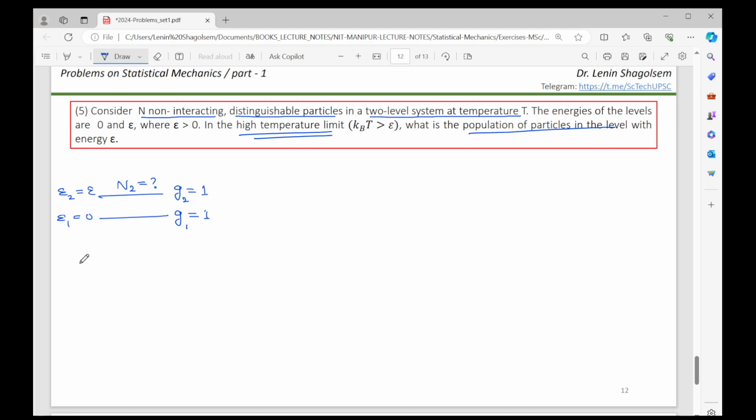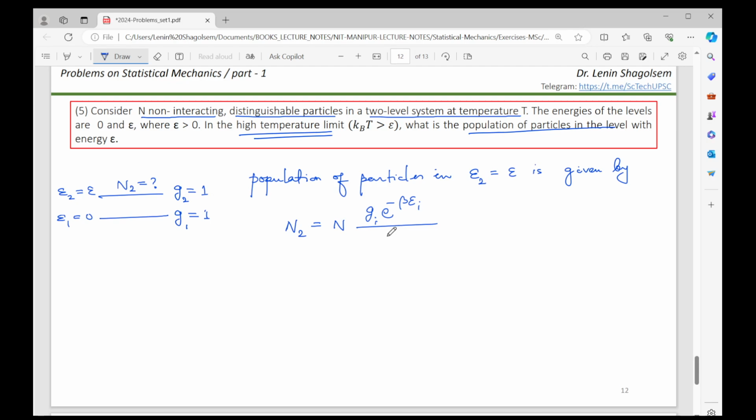The required step is that the population of particles in the energy level e2, epsilon, is given by this, which is nothing but the number times the probability of the system being found in this particular state.